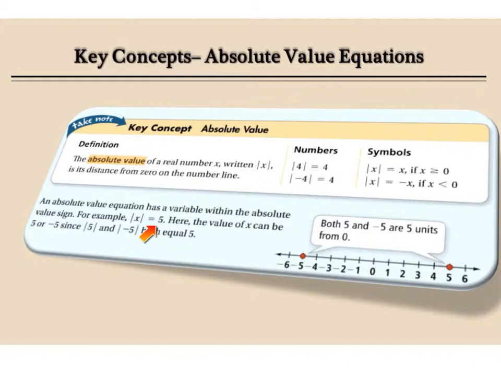So we could write that two ways. The absolute value of x could be 5, or it could be negative 5 because they both equal 5. The absolute value of 5 is 5, and the absolute value of negative 5 is also 5. That's why our absolute value equations will have two solutions.